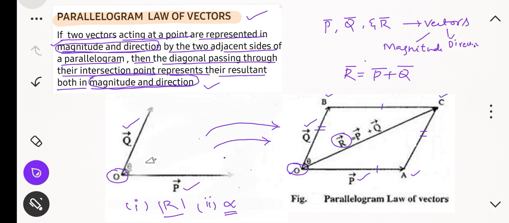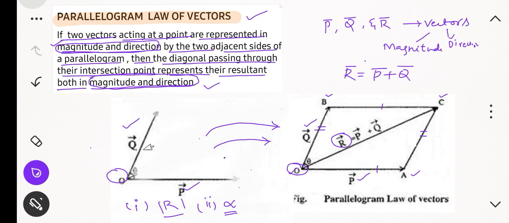Let us say here theta is the angle between P bar and Q bar. Here also theta is the angle between P bar and Q bar, and the angle between R bar and P bar is alpha. We have to find this alpha, that is the angle made by the resultant with P bar.